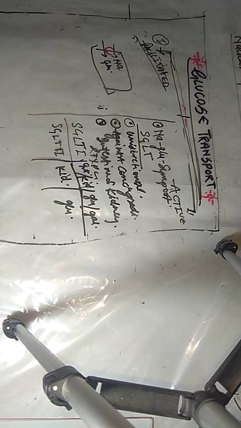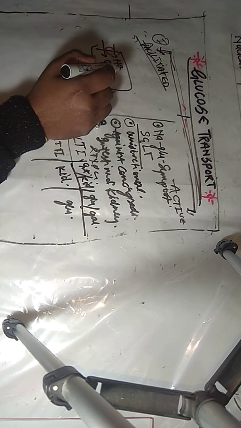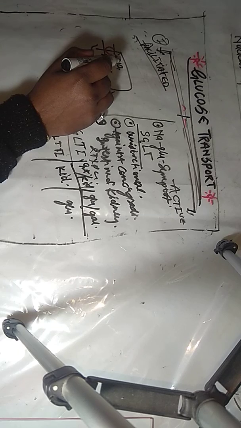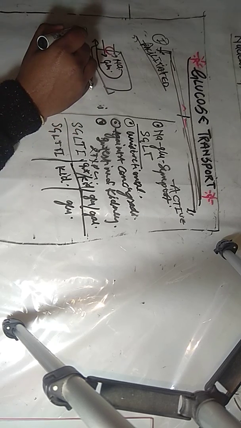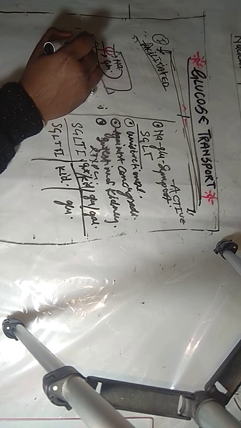Within this transport system, to transport the glucose, there is no direct consumption of ATP, but still use of 1 ATP occurs. How? The ATP is used to throw this sodium out of the cell again.